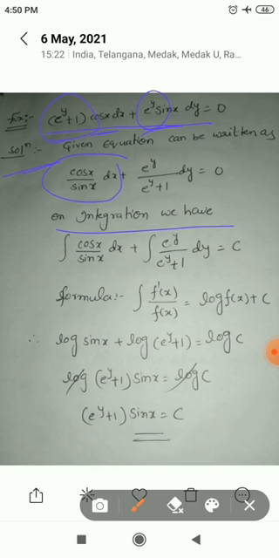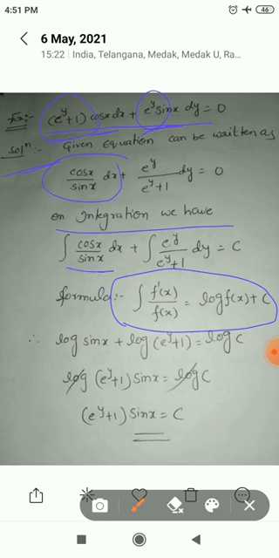So here we apply one formula. What is that formula? Integration of f dash x by f of x is equal to log f of x. Here f of x is the function whose derivative is the numerator term, so we will get log of f of x. We can apply this formula to the above integration.